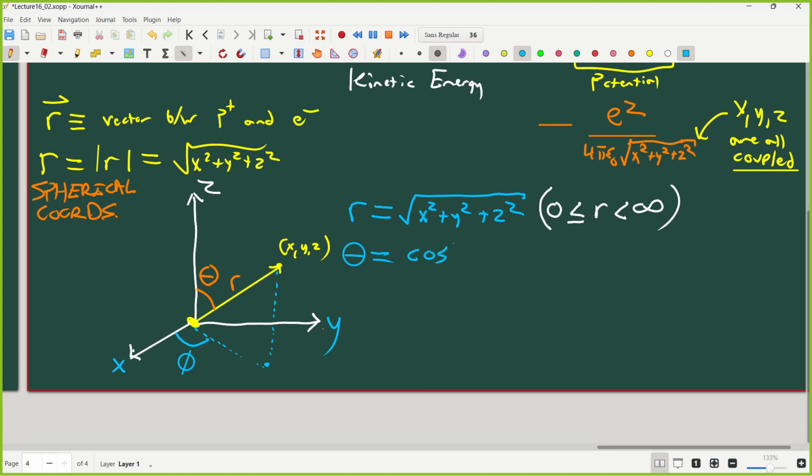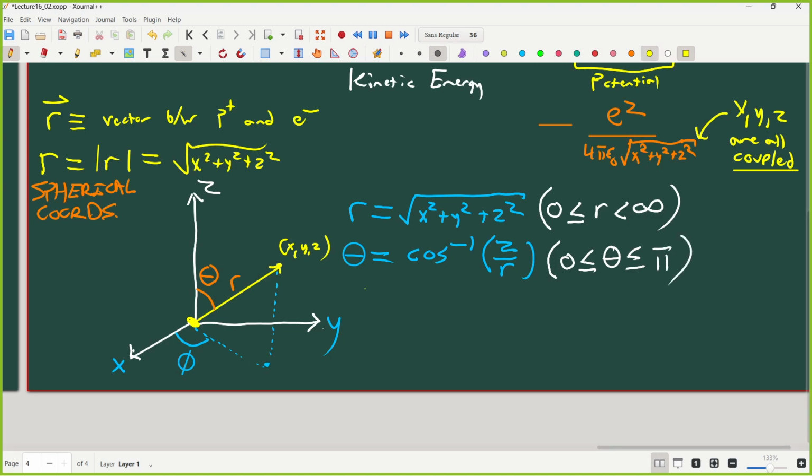So theta is the inverse cosine of z over r. And what can theta run between? Well, it needs to specify how it's pointing with respect to z. So what are the only unique values? Well, either it's pointing straight up or straight down or anywhere in between. So that's 180 degrees of rotation. So theta can be between 0 and pi.